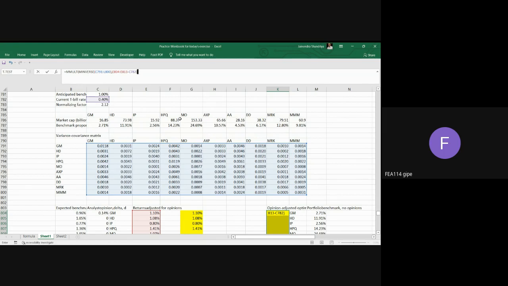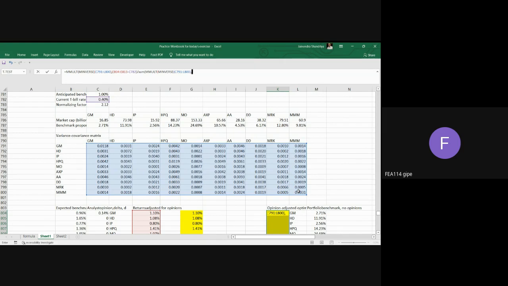Therefore I do the sum command so that it sums across all the values, and after the sum I write the matrix multiplication symbol, then I do the matrix inverse, and I select the same variance covariance matrix, which is important.